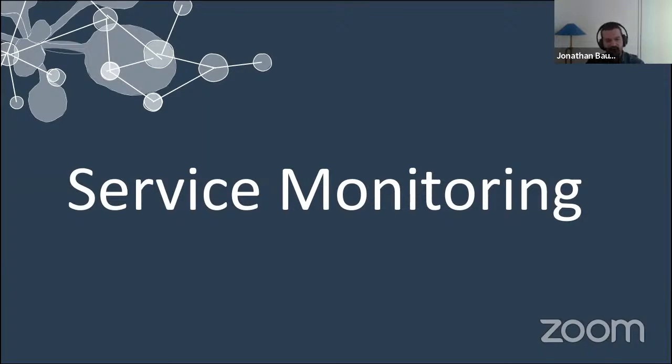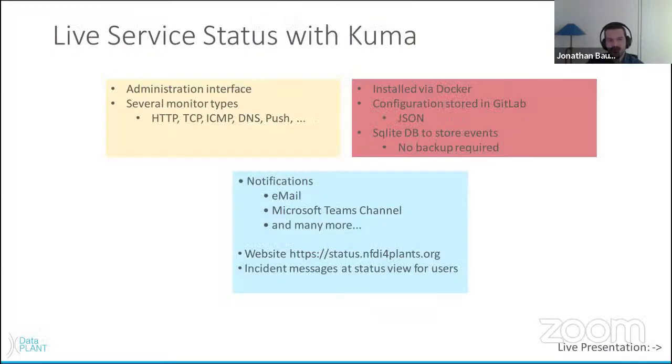So as you saw earlier, there are a couple of monitoring features in Traefik, but we actually wanted to have a separate tool for that. So we are using Kuma for that. That's a simple live service status monitoring framework, which supports different protocols or different ways to probe the services for liveness.